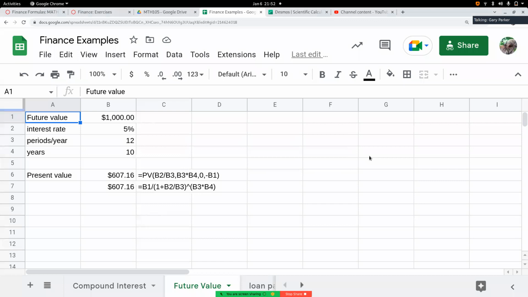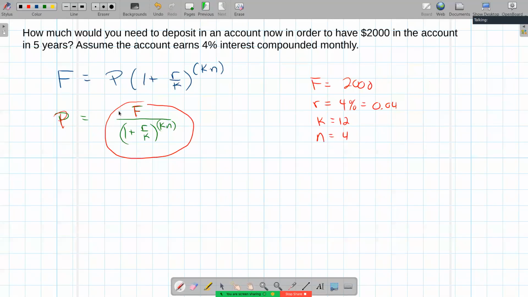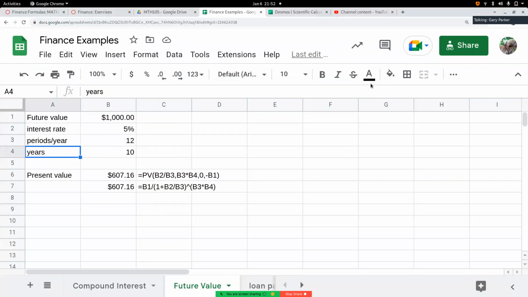And use a spreadsheet to calculate this. So here I have a spreadsheet set up where I need the future value, the interest rate, the periods per year, and the number of years. In this case, we're going to start off with or end up with our future value of $2,000.